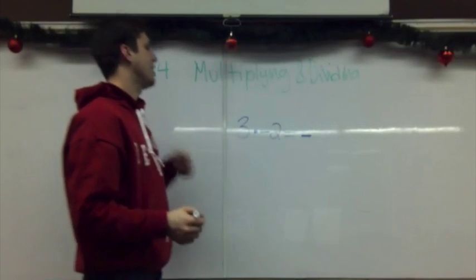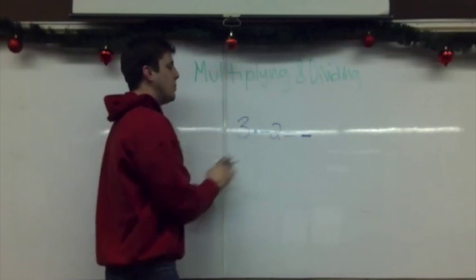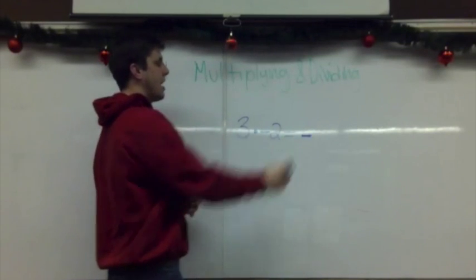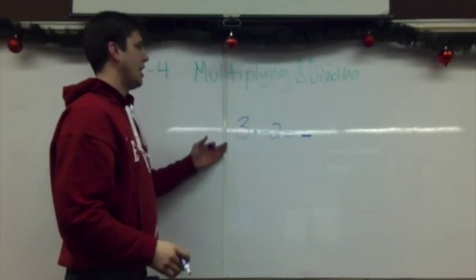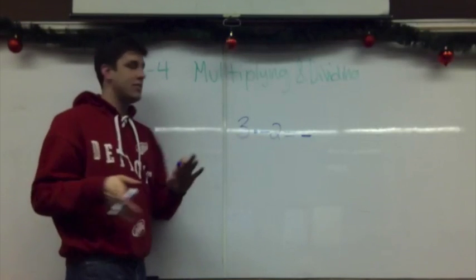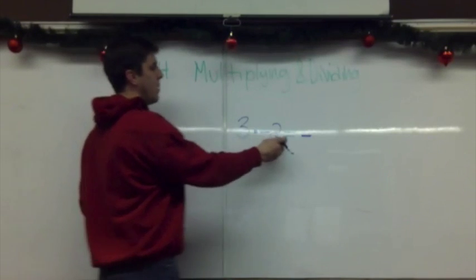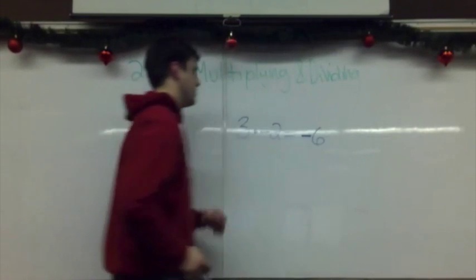You can predict the positive or negative sign of the answer by the negatives in the multiplication phrase. Once you've predicted the sign, then all you have to do is multiply the numbers. So 3 times 2 is 6. Our answer is -6.